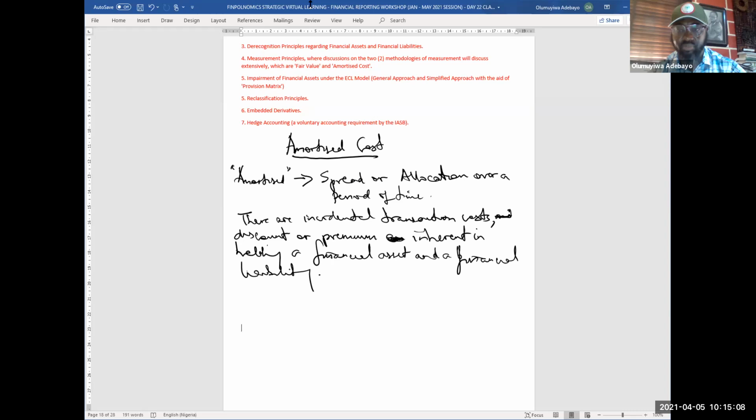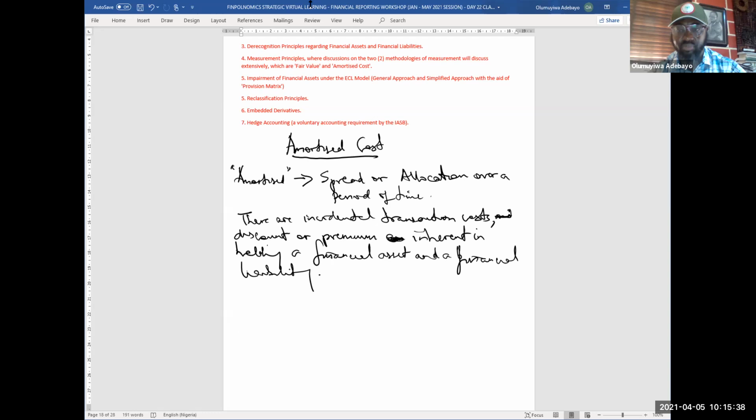For you to buy a bond, you buy through a broker or through a primary bond issuing house or whatever it is, depending on your jurisdiction. Say I buy a bond of $1 million, but I incur transaction cost of $10,000 in executing that acquisition.